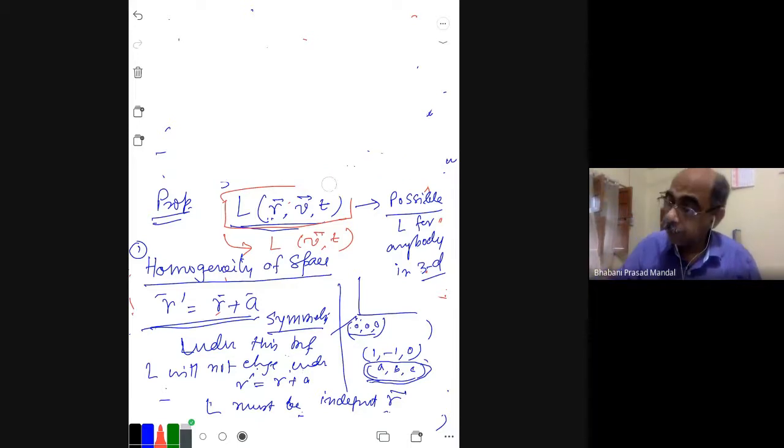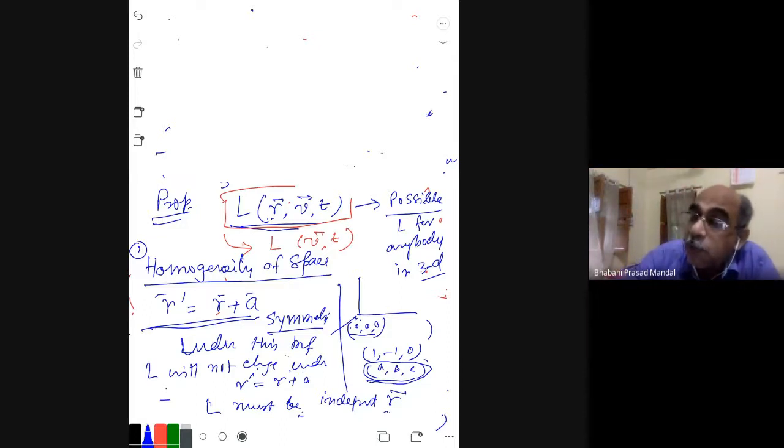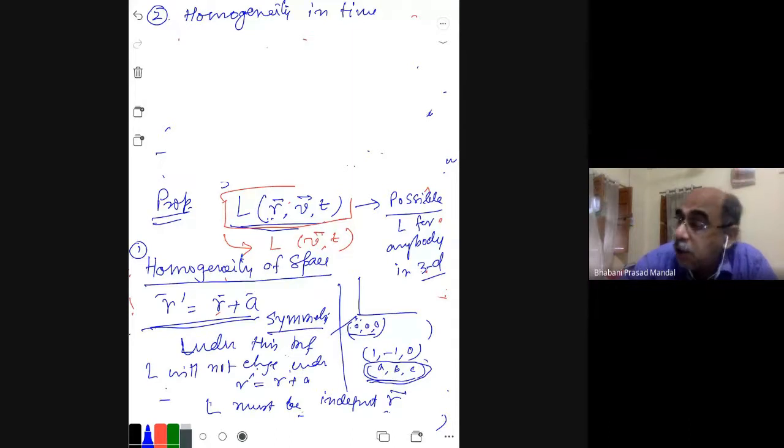Now the second property I am going to discuss is homogeneity in time. Space I have already discussed. What is the meaning?